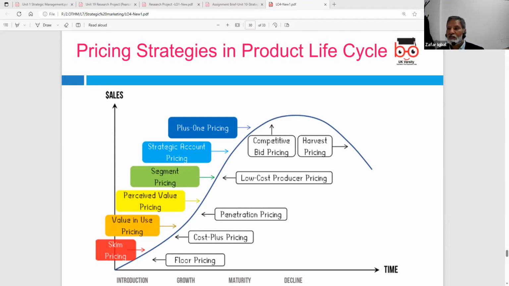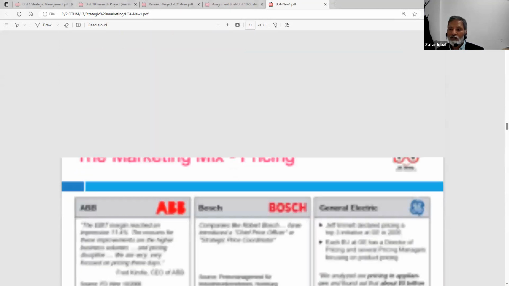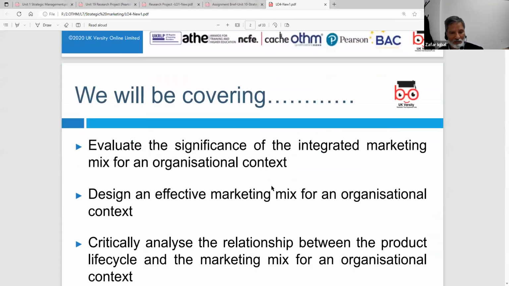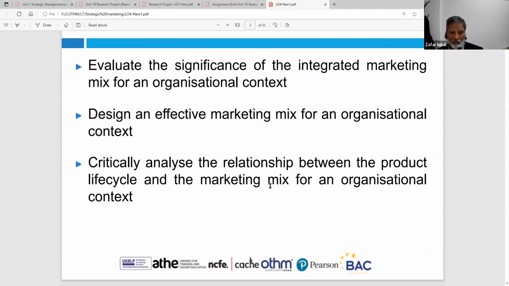The main aim of the lesson was to look at the promotional mix or integrated marketing mix in an organization, and how we can apply the 4 Ps or 7 Ps or the product life cycle to the marketing mix.